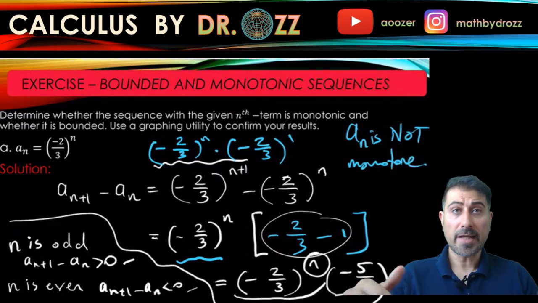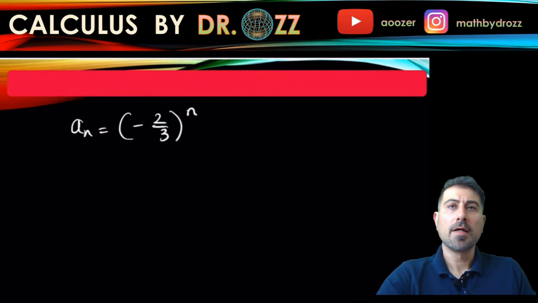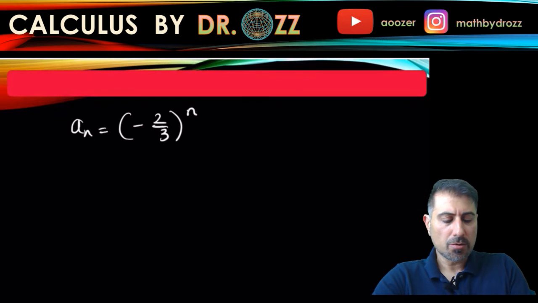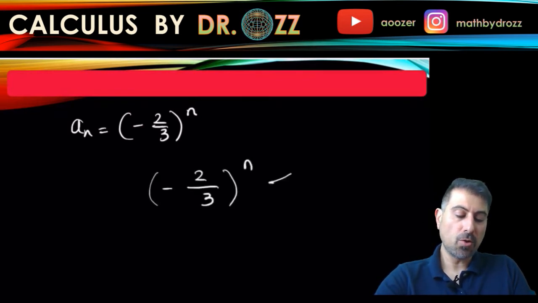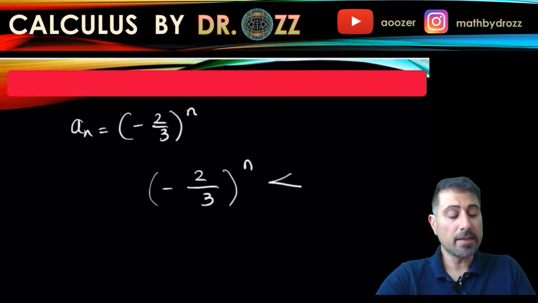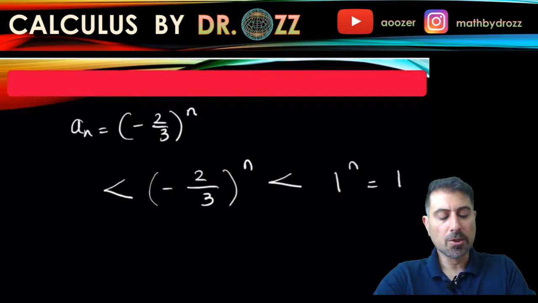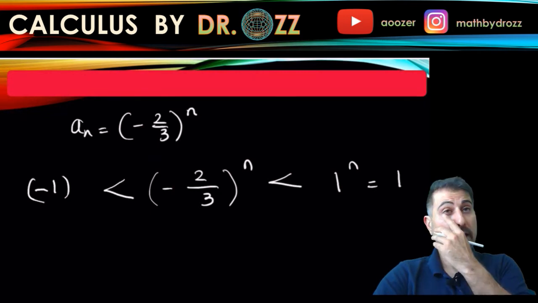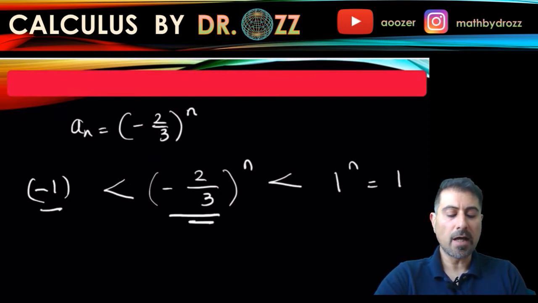In the next slide, we're going to check if a_n is bounded. And here we go. So we're going to try to find an upper bound and a lower bound. So one observation is that this term here is always less than 1 to the power of n, which is 1, and greater than -1 to the power of n, but for certain values it becomes -1. So essentially this term is going to be always greater than -1.